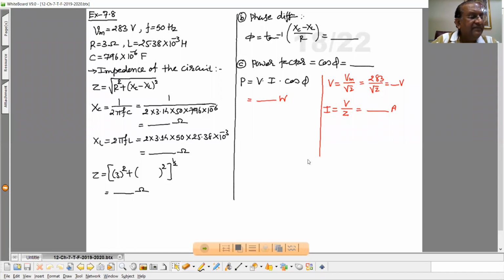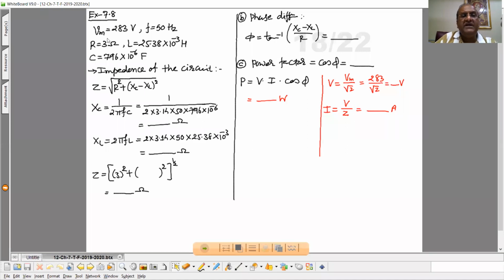Find A, the impedance of the circuit, B, the phase difference between the voltage across the source and the current, C, the power dissipated in the circuit, and D, the power factor. Simple thing.